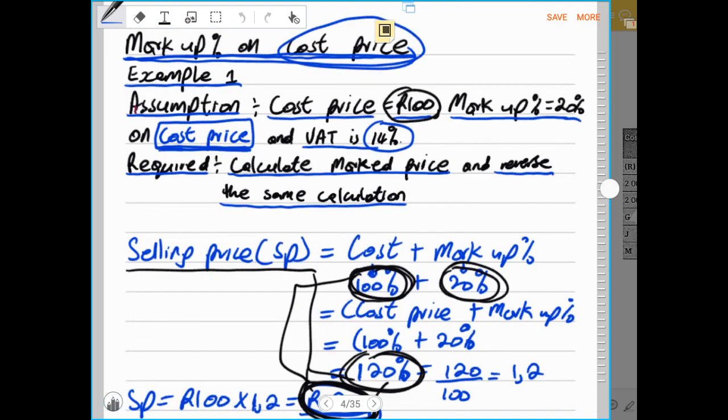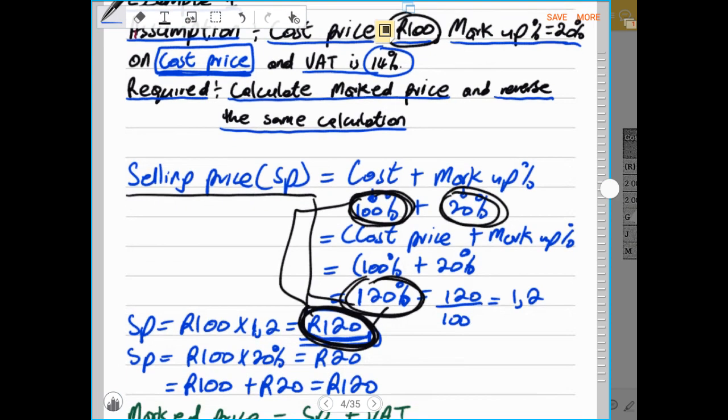Remember, in the previous one, I gave your attention to the fact that if the markup percentage is on the cost price, then cost price is equal to 100%. Don't forget, I said cost price is equal to 100%.